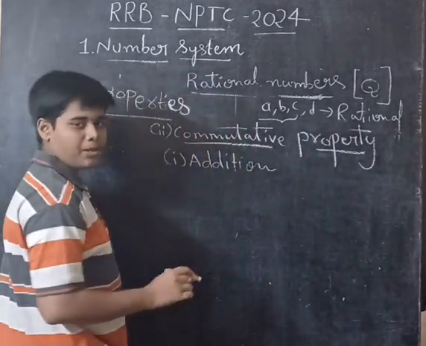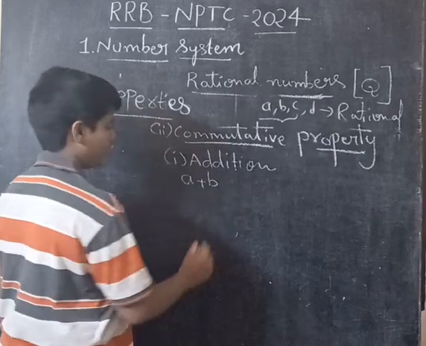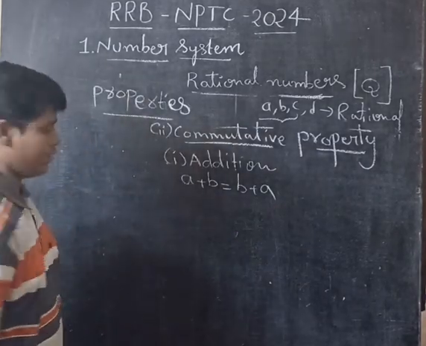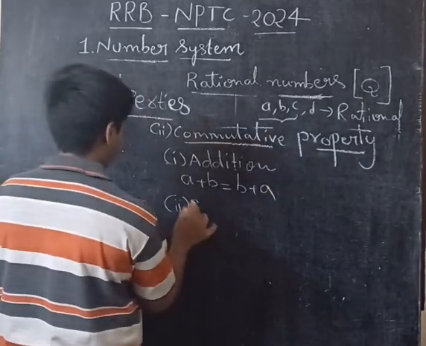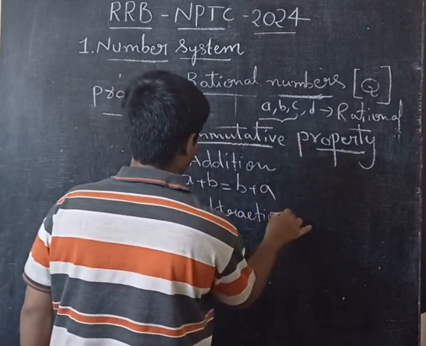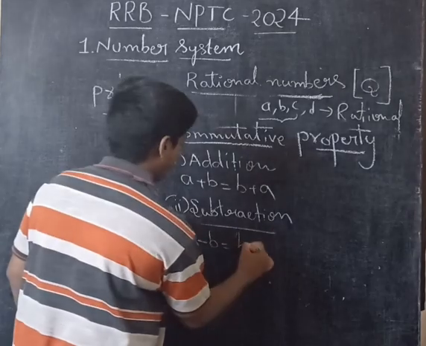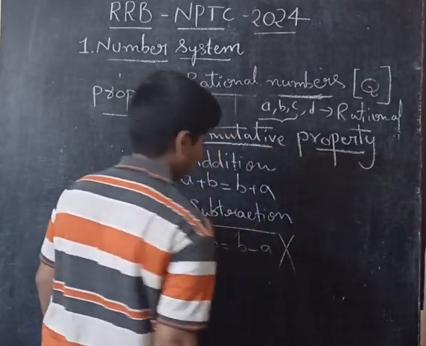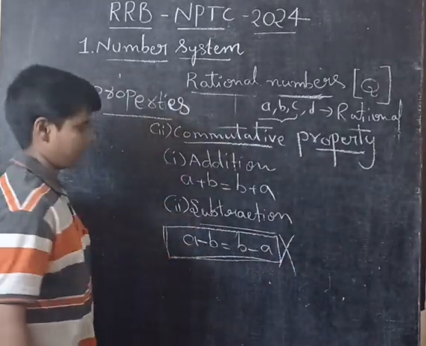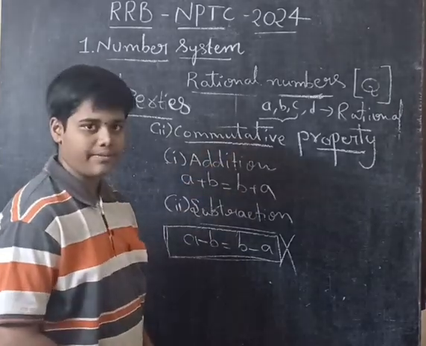Commutative property is nothing but if I take A plus B, 2 rational numbers added, the same result will be given by B plus A also. Second one, subtraction. Subtraction means A minus B also gives B minus A, but it fails. This property is not satisfied. So in subtraction, the commutative property is not satisfied.